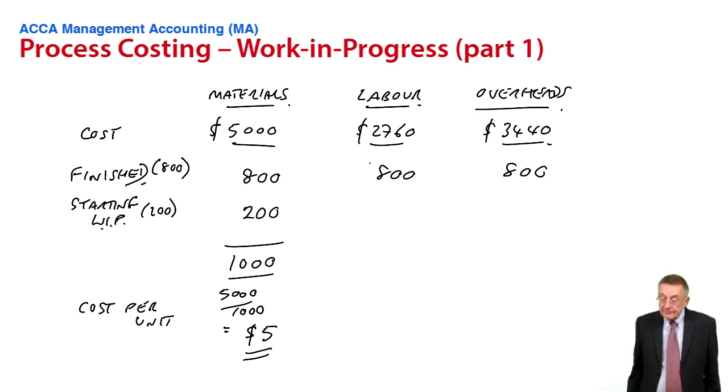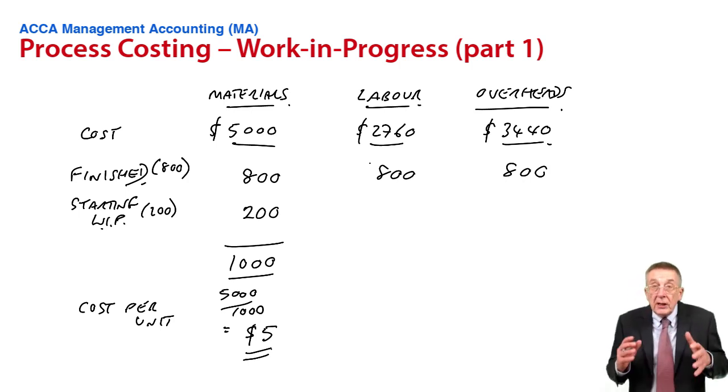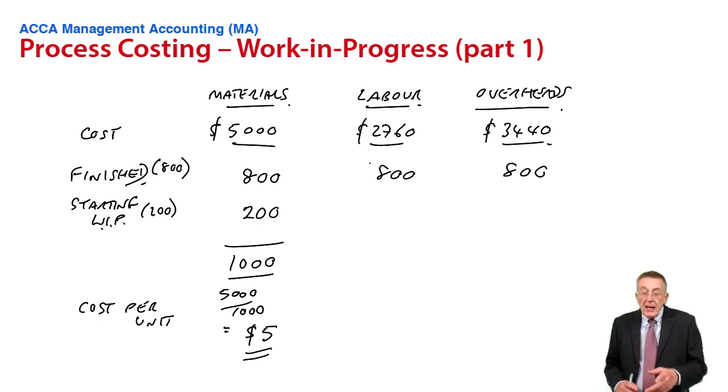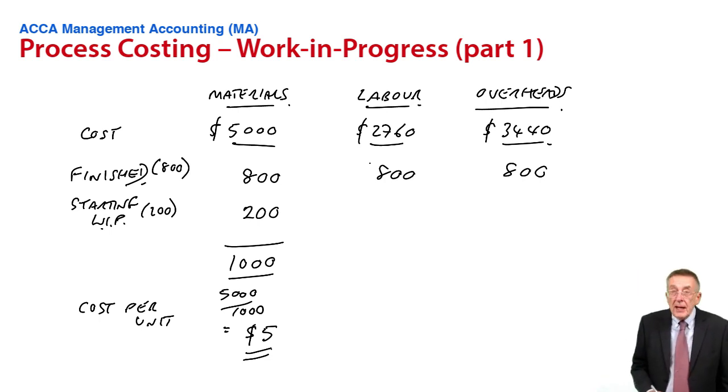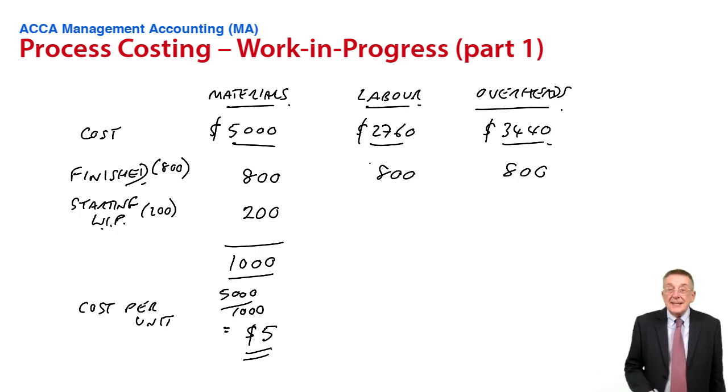What about labour though? We'd spent 2,760, and okay, those 800 that were finished have had the full cost, a full 800 units worth of work. But the work in progress, although we'd done work on 200 units, we'd only done 60% of the work.